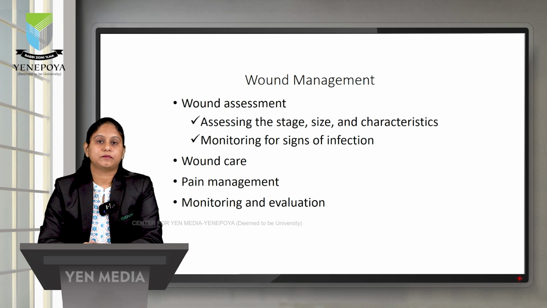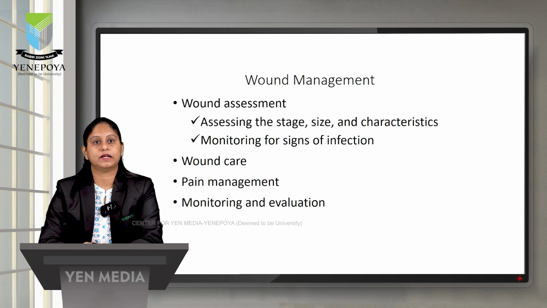Provide adequate dressing, and change the dressing whenever it is contaminated or when there is leakage of fluid, especially drainage, or leakage of urine and fecal matter. Pain management. Appropriate pain management techniques can be used to provide comfort to the patient, and lastly, monitoring and evaluation of the wound is required for the recovery of the patient.